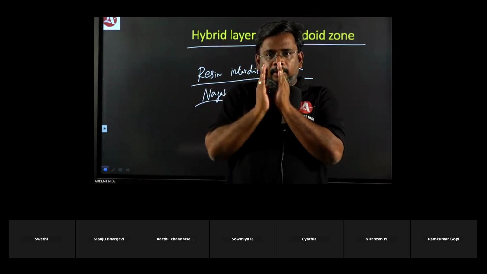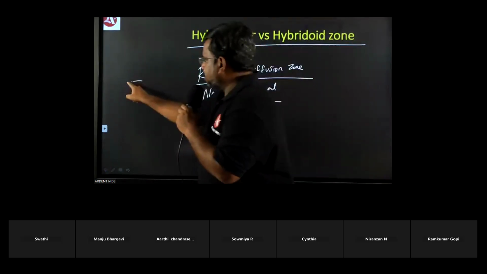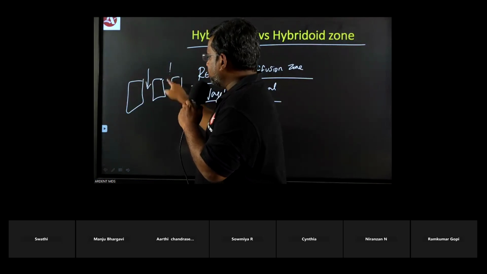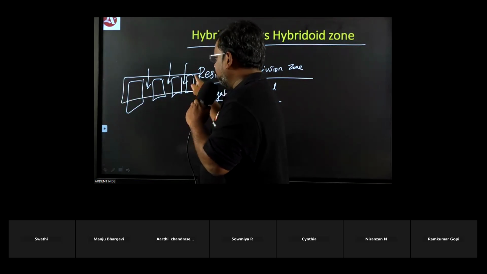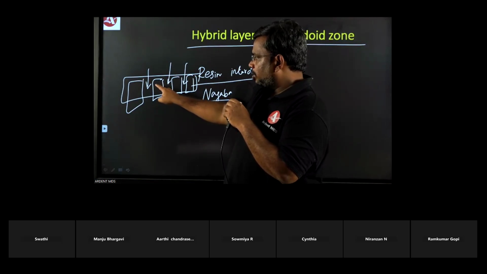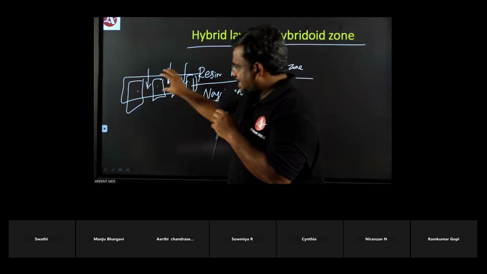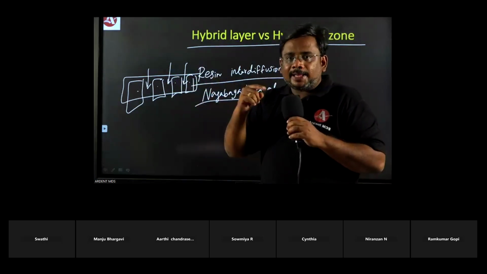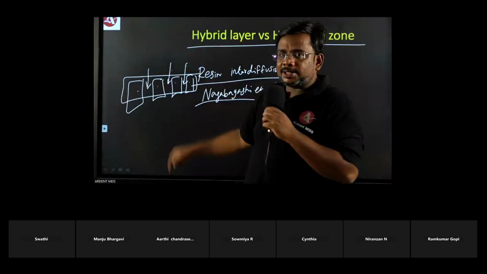If you cut this area and see, it will have the bonding agent, collagen also, and dentinal tubules also. This area is called the hybrid zone, otherwise called the resin interdiffusion zone.